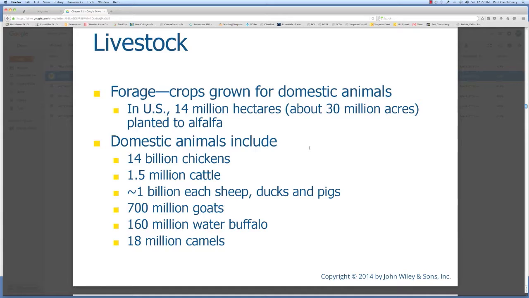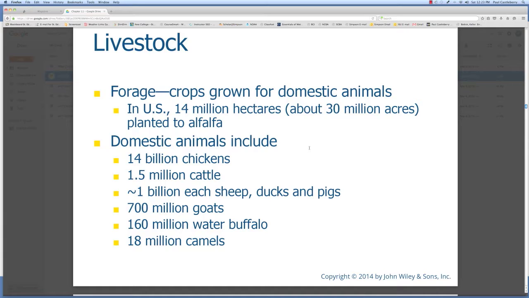Domestic animals include chickens, cattle, you see the numbers there, sheep, ducks, and pigs. Here in the Midwest, Iowa, pigs, a big livestock. Goats, water buffalo, camels. And so there's kind of the breakdown, but you see 14 billion chickens.